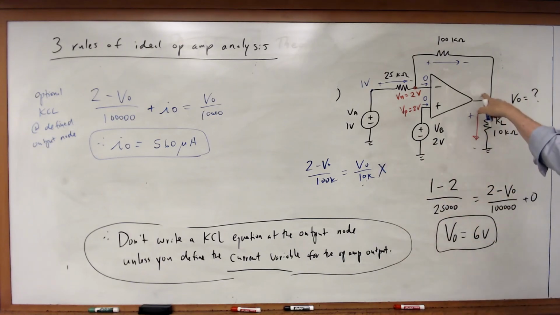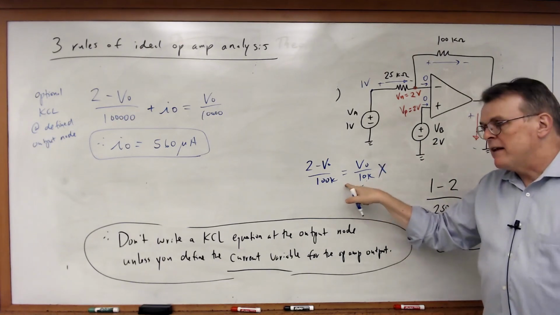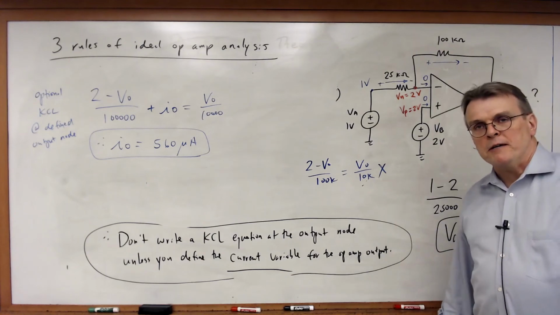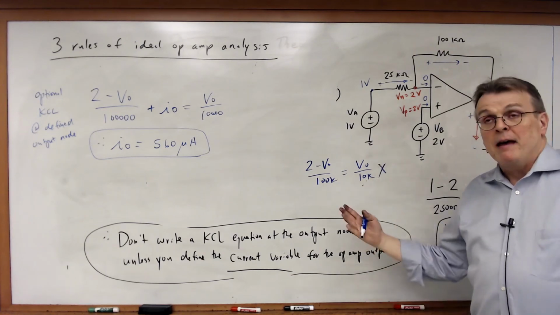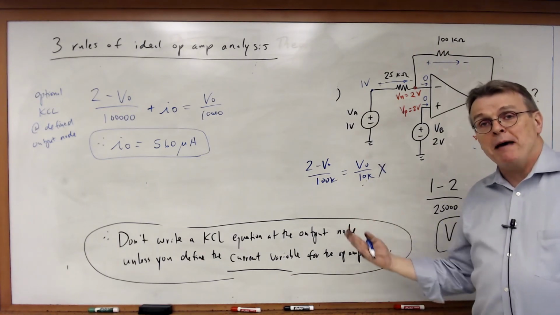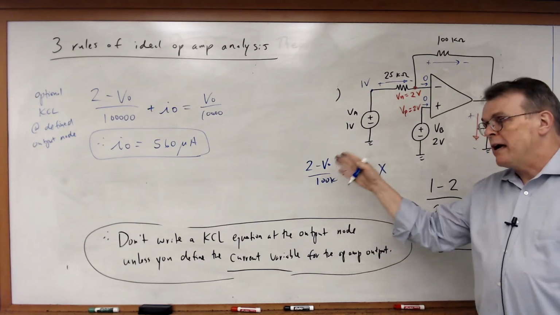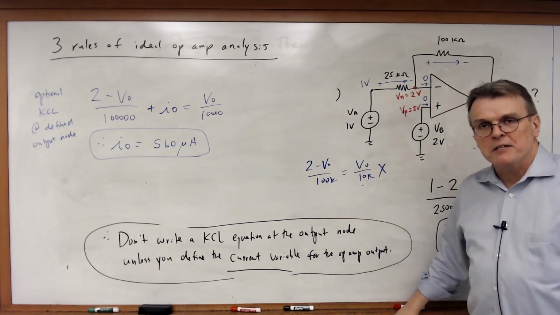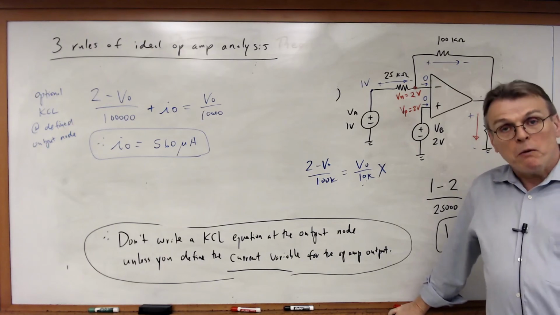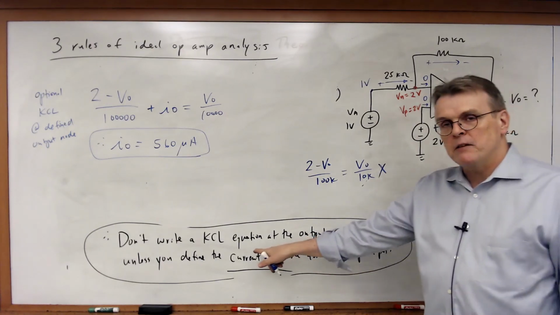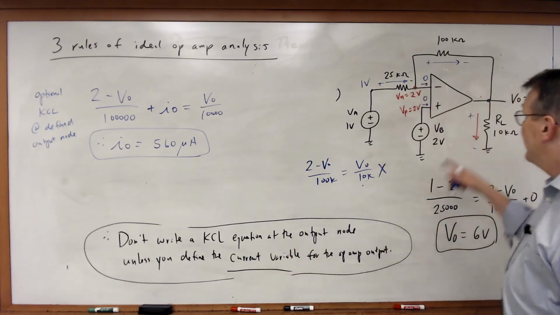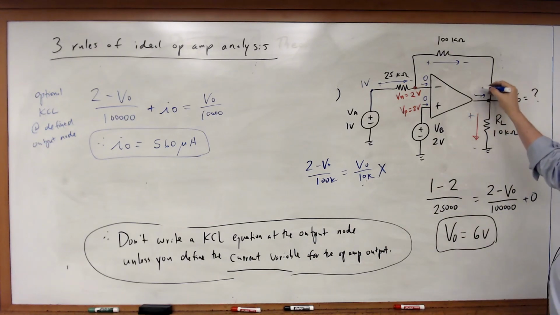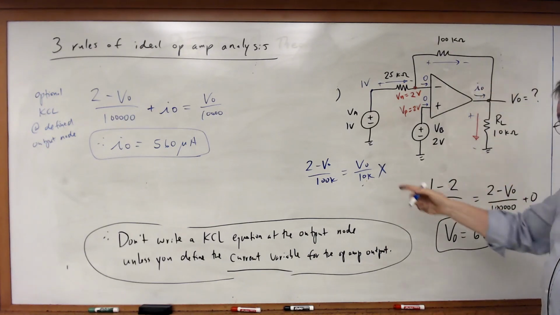They forget to include that current variable. They've now added an inconsistent equation, and then they tell me my calculator's not working or mathematics is not working. Well, you're right, you can't solve the system of equations when you've added this incorrect equation. So that's what you have to watch out for. Don't violate rule number 3, unless you intend to find out what that output current is that's flowing out of the op amp.